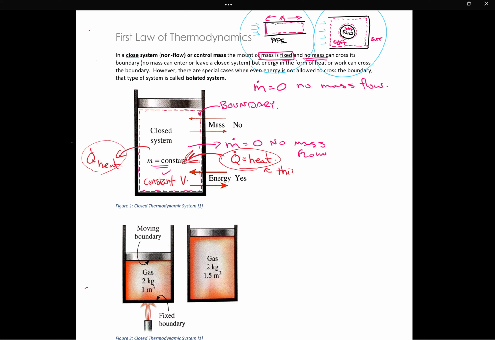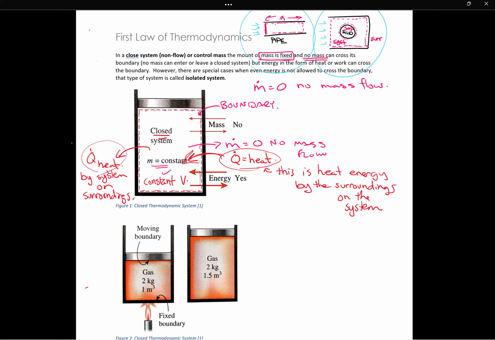This is heat energy by the surroundings on the system. And we sometimes have both of these going on. This is by the system on surroundings.